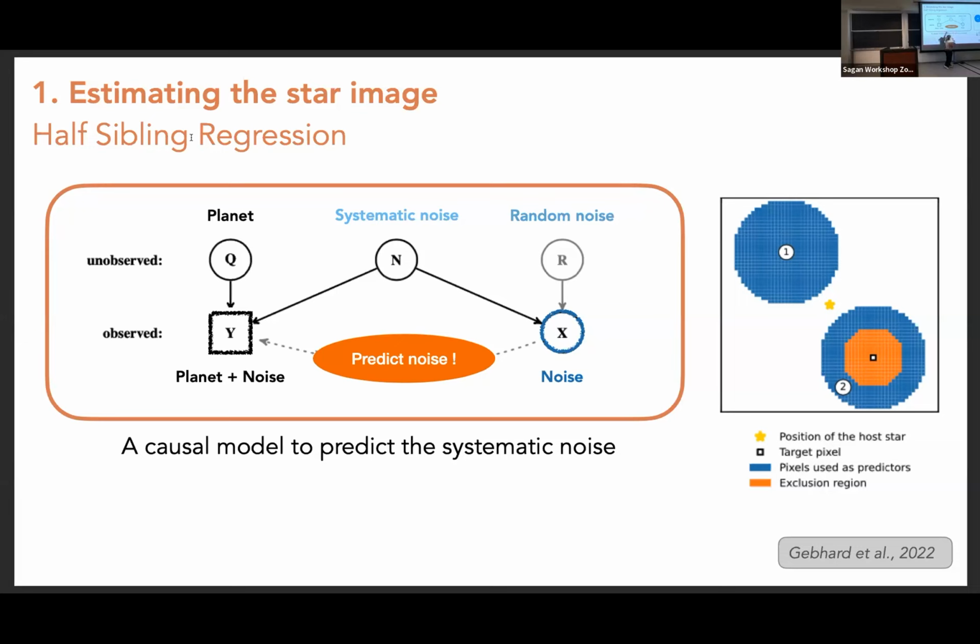And you can use that direct causality by using the noise to predict the noise here. It's exactly the same concept. But in this one he really predicted the systematic noise in a different way. So he used a patch that is opposite. Considering one pixel here, you exclude the pixels around because they're too close, but you use the blue zones to actually assess the systematic noise.